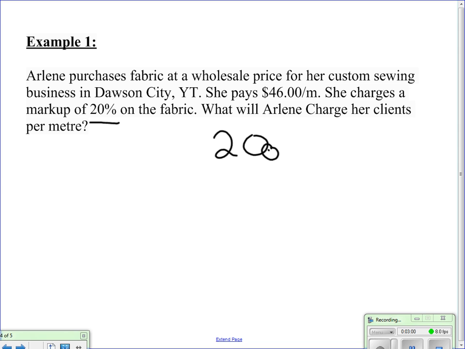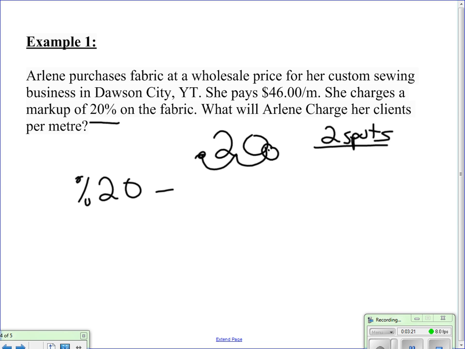Because we're talking about percentages, I'm always going to move 2 spots on a decimal place. So to go from 20 to a decimal, I move 1 spot and I move 2 spots. So in other words, 20% is the same as 0.20.